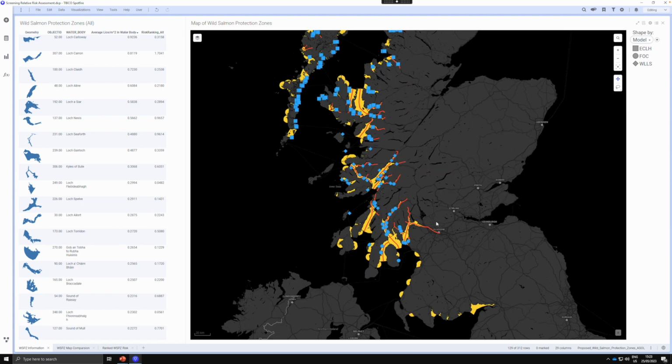What we've tried to do is calculate the different times that it potentially takes fish to move through the different zones. In reality, fish will move from rivers to sea, but what we're trying to do here is look at the travel times and the fish travel times through particular water bodies that have been identified.